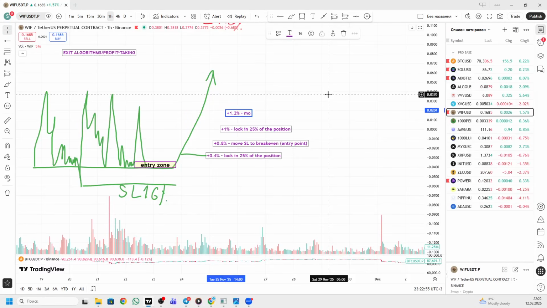Let's write like this: move the stop loss into profit to 0.6%.